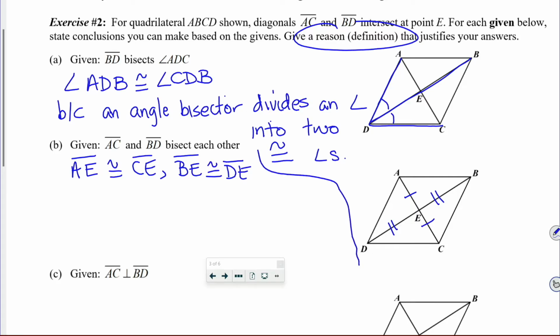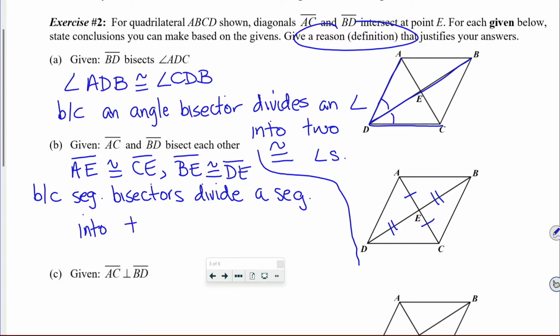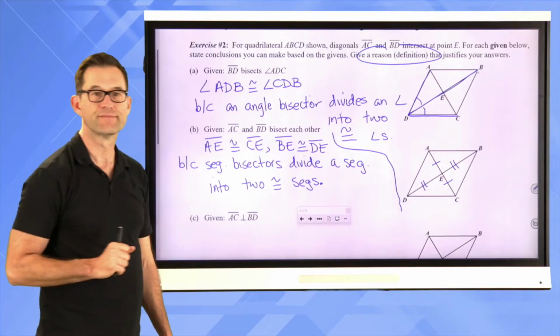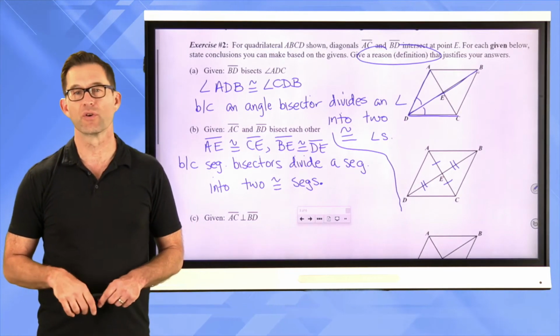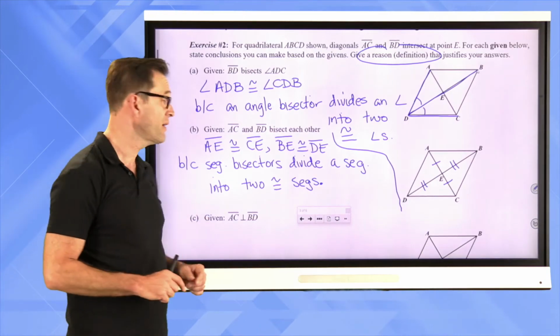And I'm going to just carve out some space here because segment bisectors divide or cut a segment into two congruent segments, right? Simple enough, because segment bisectors divide a segment into two congruent segments.